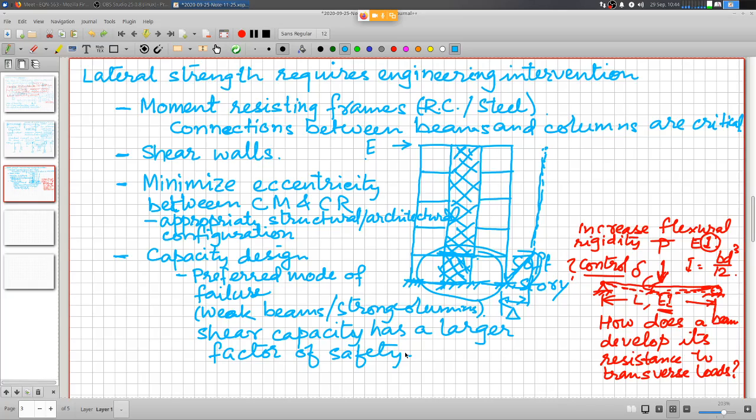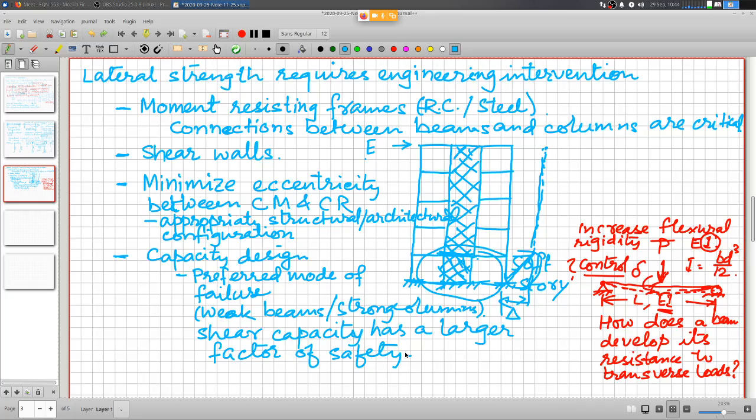So bending capacities, it will exceed. We allow the hinging to take place only in flexural mode, not in shear mode, right? So shear failure is absolutely no. We never allow that to happen. If something has gone wrong in shear, then it's most probably a design flaw or some kind of neglect somewhere.